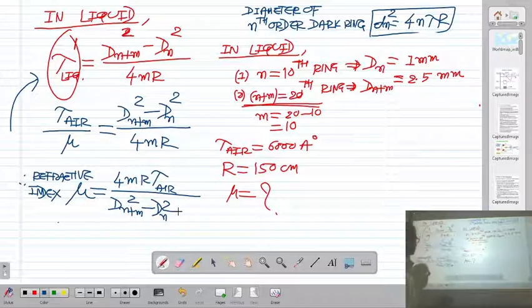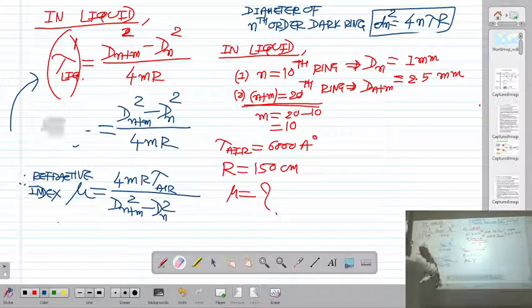Okay, if you substitute the values using this equation, you can calculate the refractive index mu of a liquid: 4 m r into lambda upon capital D(n+m) square minus D(n) square.